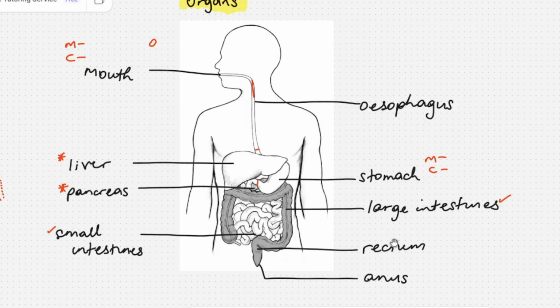And that will remain stored there until our body is ready to get rid of it through a process of egestion, which we should know is different from excretion. So egestion deals with the removal of undigested material from the digestive system through the anus. I hope nothing that was said there was new information to you.